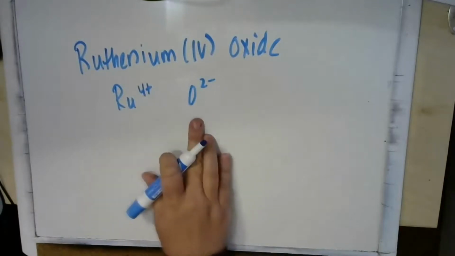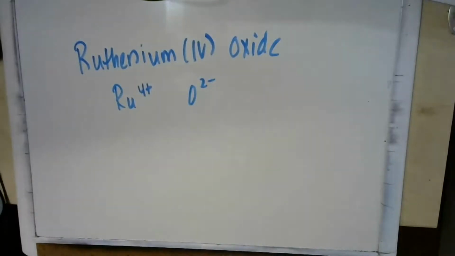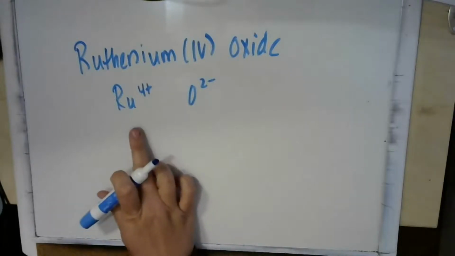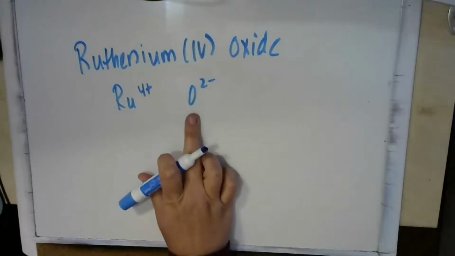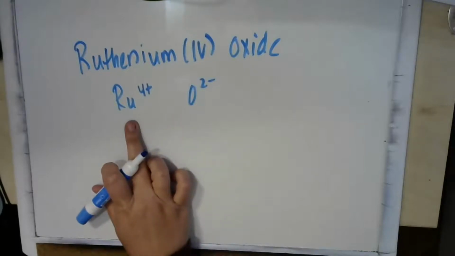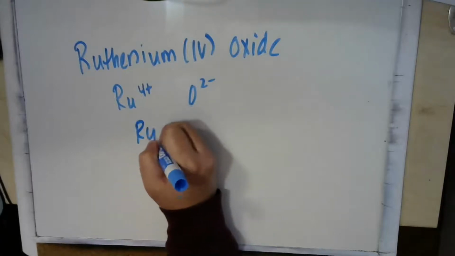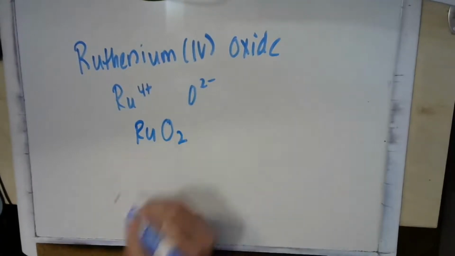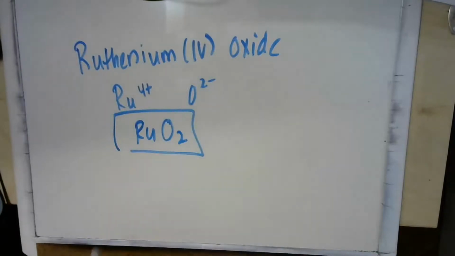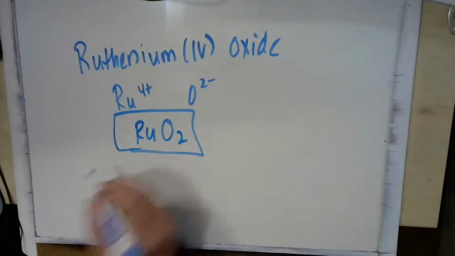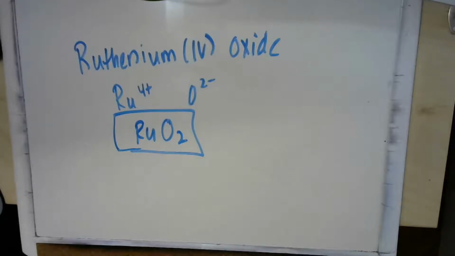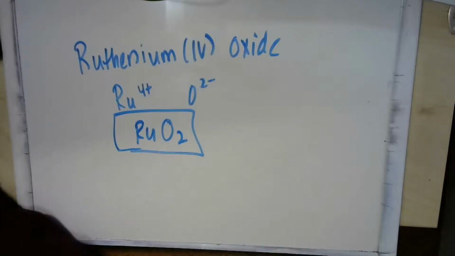Okay, so if we look at this, we know we need to make a neutral or an electrically neutral compound. That means that we're going to need 2 oxygens to counteract the positive 4 charge of the ruthenium. So we'll need 1 ruthenium and we'll need 2 oxygens. So that's the formula that we would get. Okay.